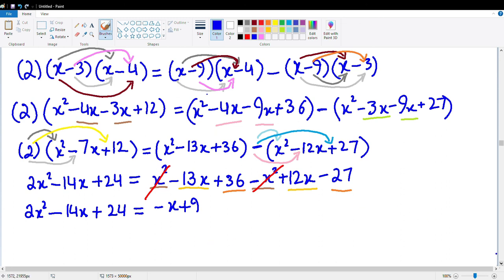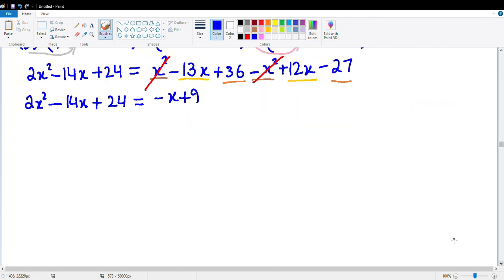9, that's it. And now you guys can see that 2x squared is the biggest, greatest term right now. And what we want to do when we have something like this is bring smaller terms over, because there's no x squared here, and that means that these are all smaller than this side.